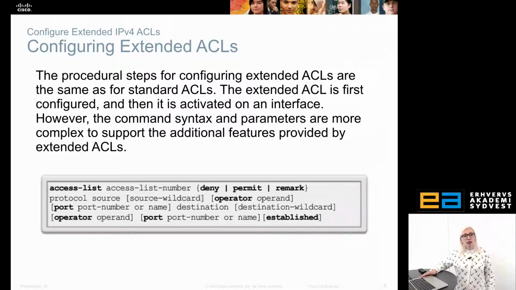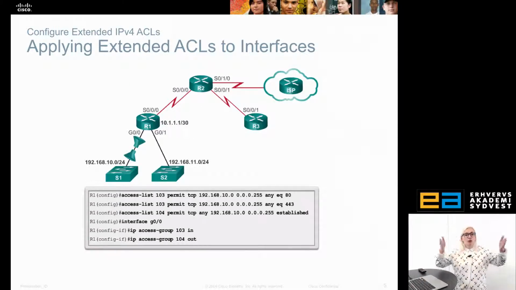And then you say first the source, destination, and then the port number. And then you can say equal, you can say larger than, smaller than, whatever you want to do. So it's a much larger statement than when you look at the standard lists.